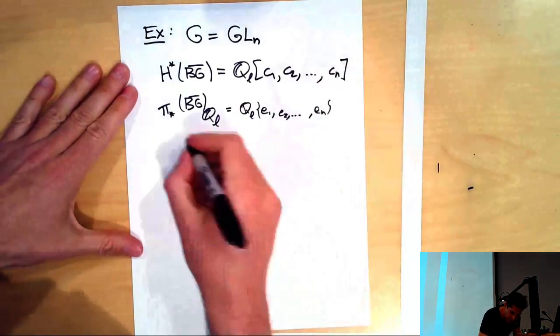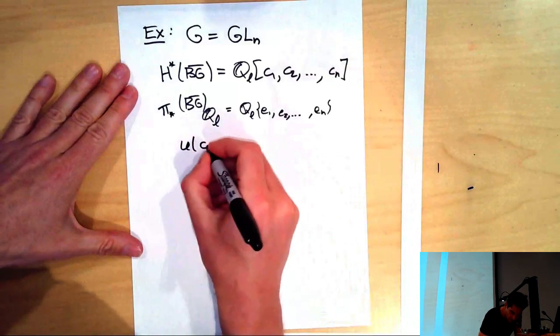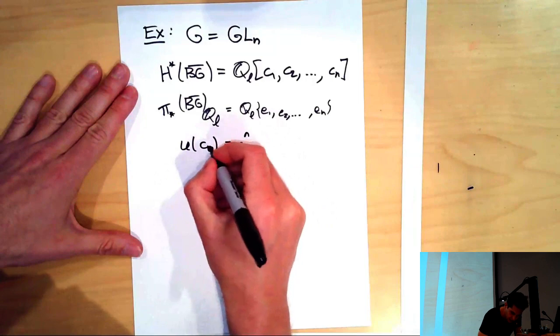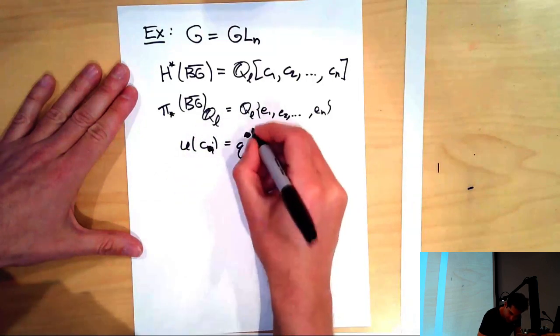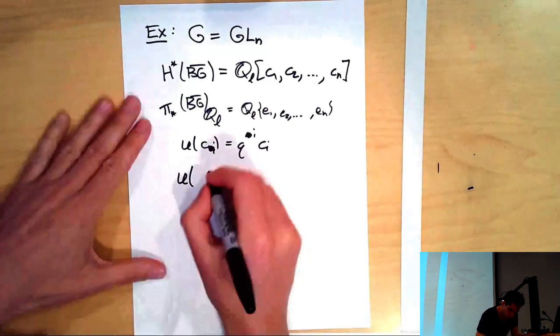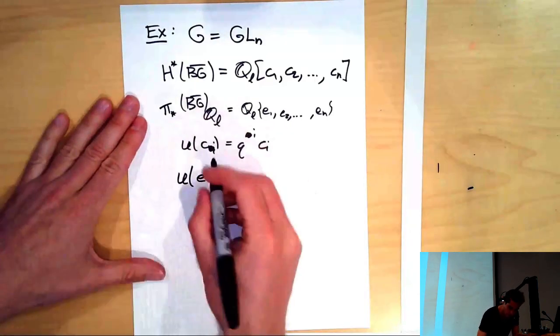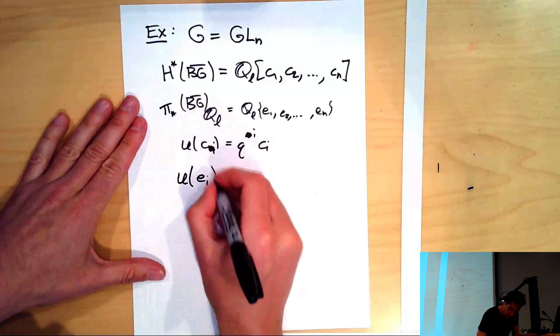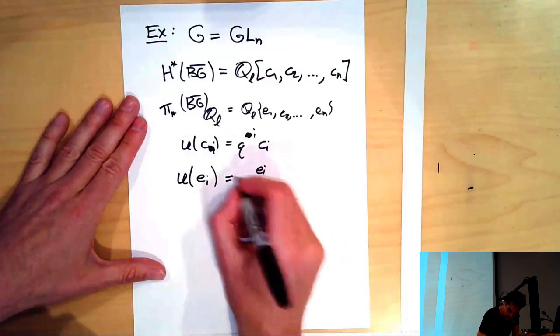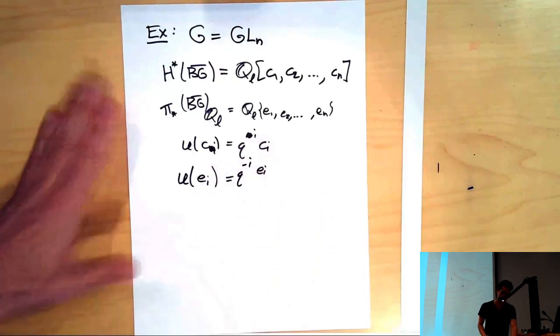And now how does the Frobenius act? Well, the Frobenius acts on the Chern classes by multiplying each c_i by q to the i. And therefore, the Frobenius acts on these homotopy groups via the dual formula: on each e_i, it will multiply by q to the minus i.